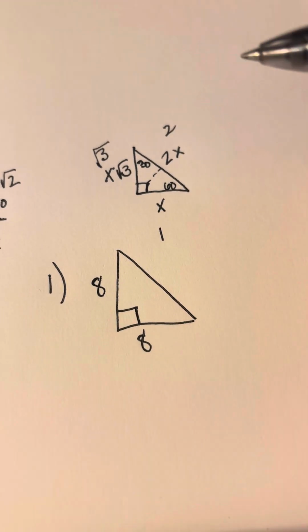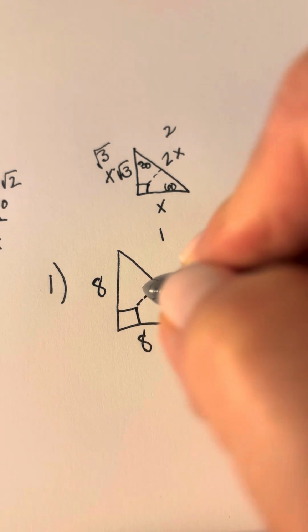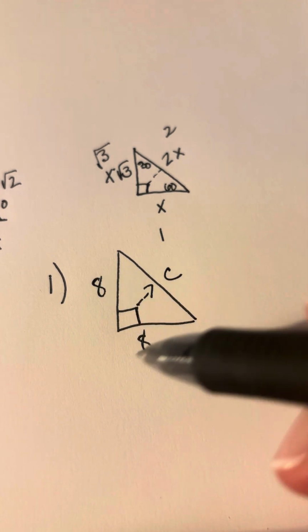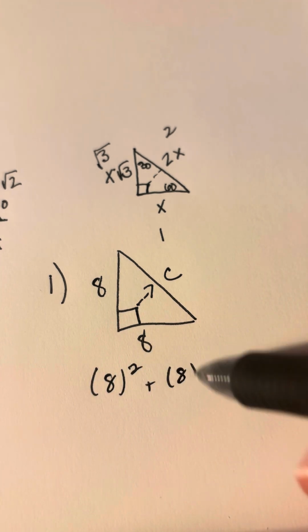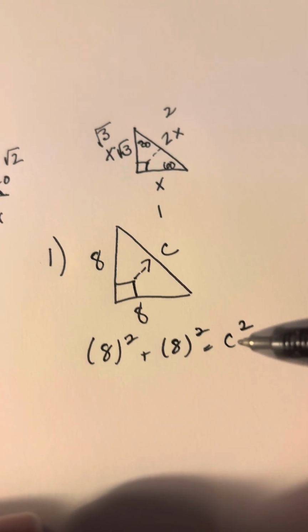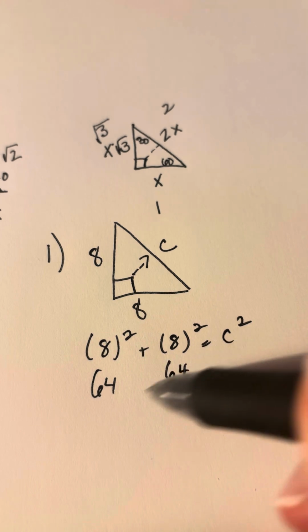I feel like that's a lot of memorizing that you don't really need to know, because you could just live with a squared plus b squared equals c squared and let it work. So one of these sides is a, one of these sides is b, and you're looking for c squared. So 8 squared is 64, and then 64 again.